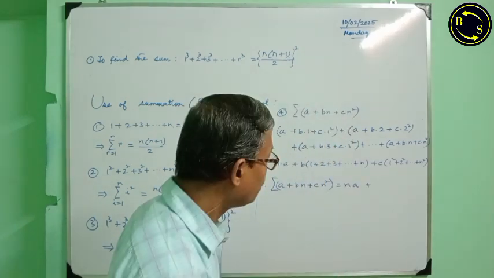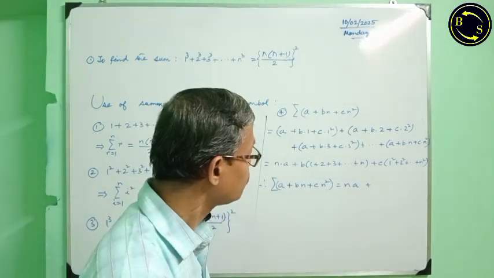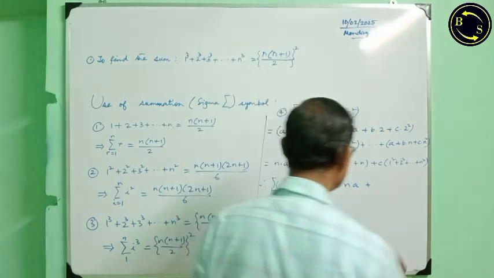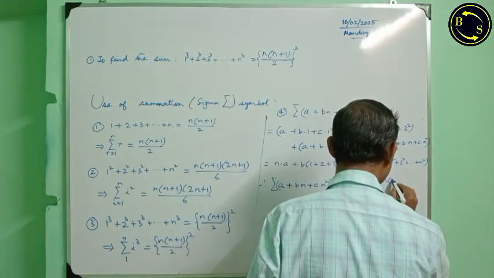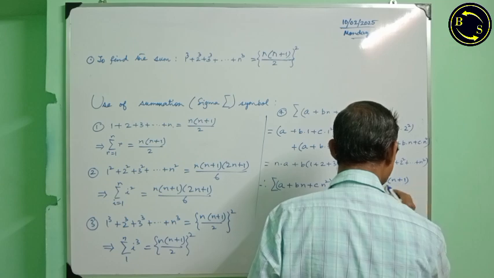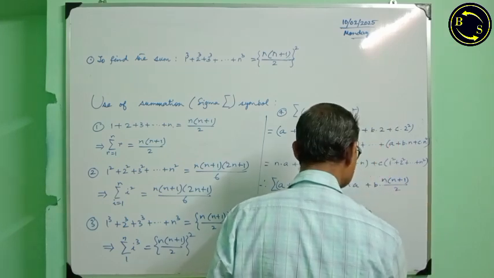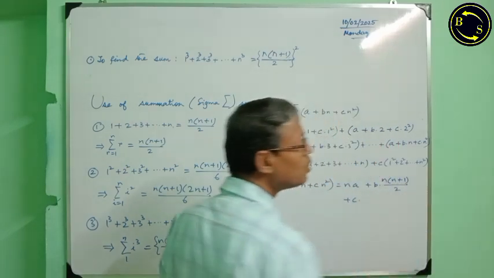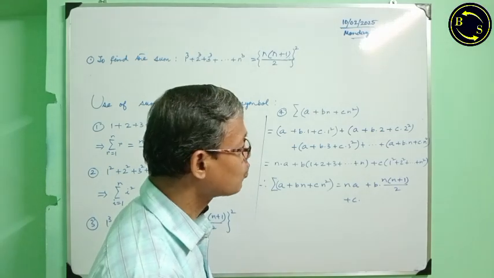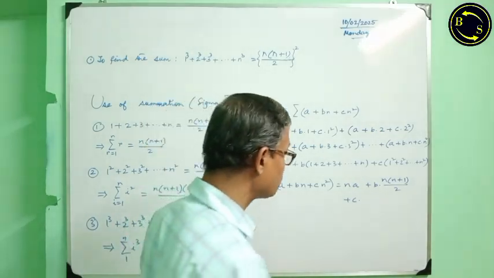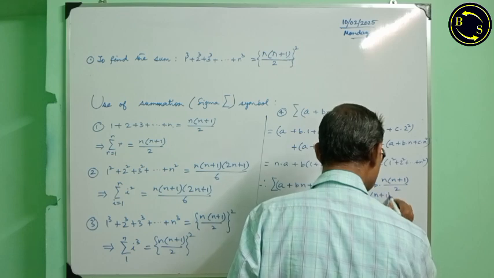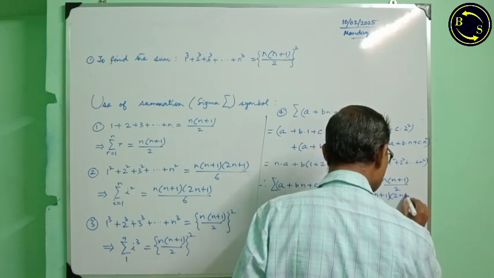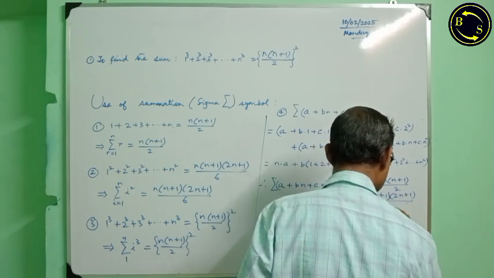We know 1 plus 2 plus 3 plus dot dot dot plus n is equal to n into n plus 1 whole by 2, and c into sum of squares of first n natural numbers. Already we have deduced, that is equal to n into n plus 1 into 2n plus 1 whole divided by 6.